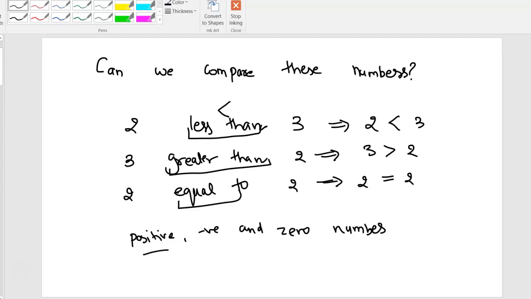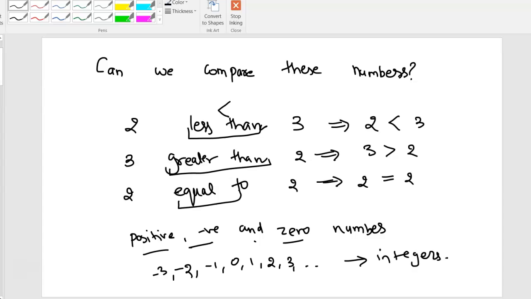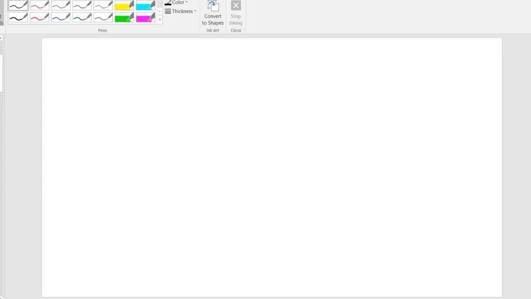And these numbers together, positive numbers, negative numbers, and 0, we call integers. So let's see how we can compare these numbers on the number line.